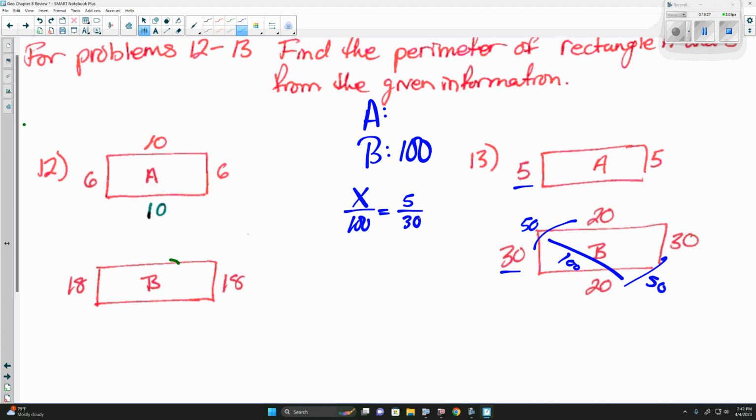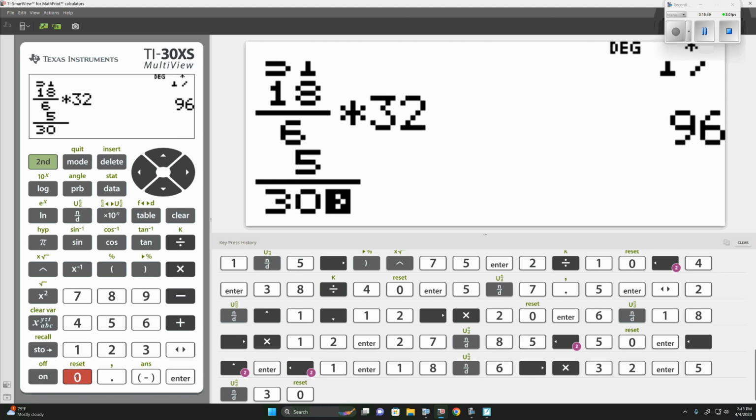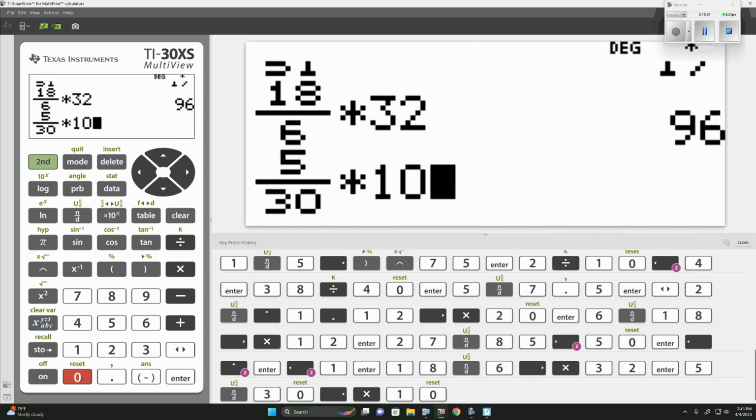Because since we put A on top, A's on top. B on bottom, B on bottom. We want to keep it the same. Does that make sense? Now the next thing we need to do is multiply both sides by 100. These will cancel. So we'll have 5 over 30 times 100 is 50 over 3.